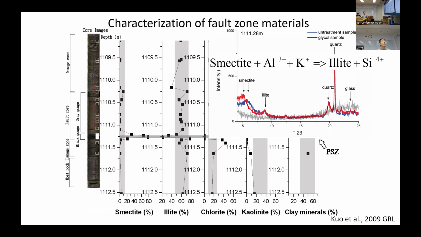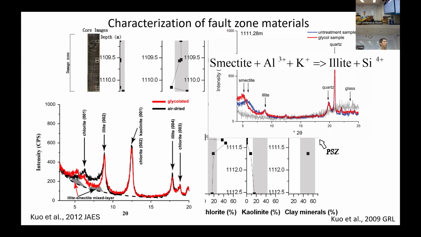At that moment, smectite is commonly considered as a transformation phase from illite, if you have weathering or some fluid-rock interaction. But in this case, it is not. Because if you have smectite transformed from illite, you need to have a mixed phase called smectite-illite mixed layer.